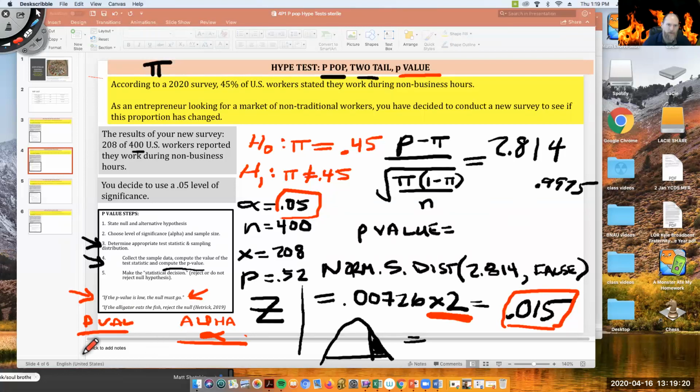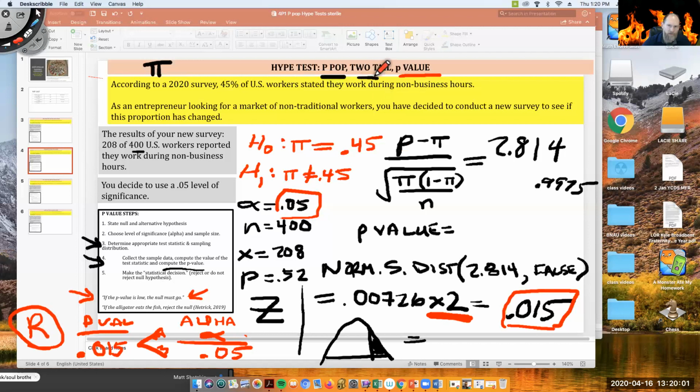I park my p-value over here, and then I park my alpha over here. And I go, okay, which one does the alligator eat? Which one is bigger? Alligator's going to eat the bigger value. So if my alligator's eating the alpha or the fish, you can draw little teeth here, then I'm going to reject the null hypothesis. Okay? And again, the context is the same.